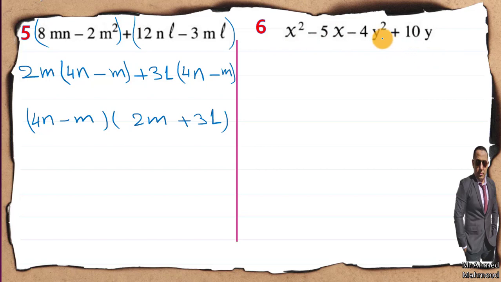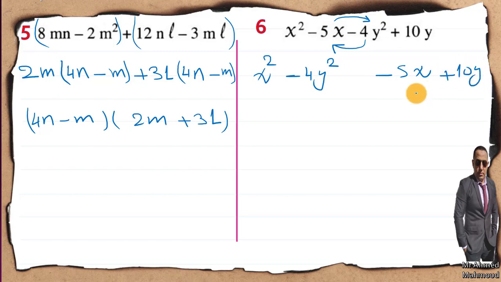So I'm going to do what, Mr. Ahmed? I'm going to switch to send negative 4y here and negative 5x here. x power of 2 minus 4y power of 2 minus 5x plus 10y.